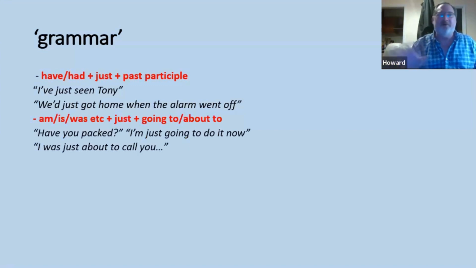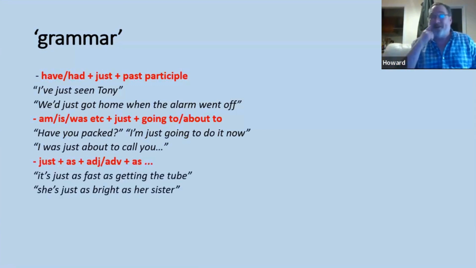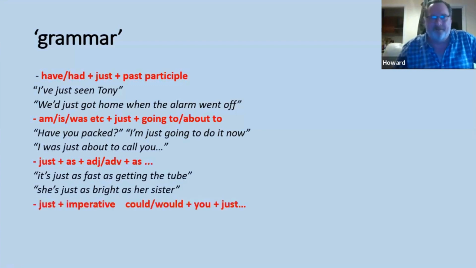Have you packed? I'm just going to do it now. I was just about to call you. Just as: it's just as fast as getting the tube. She's just as bright as her sister. Just with an imperative is one of the most common uses of it, or with could, would, you, just.